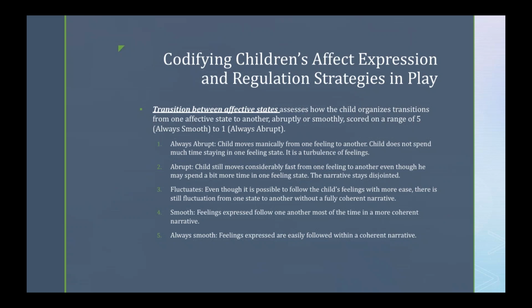A 3 is when the child fluctuates between feelings, meaning it's possible to follow the child's feelings with more ease, but there is still fluctuation from one state to another without a fully coherent narrative.